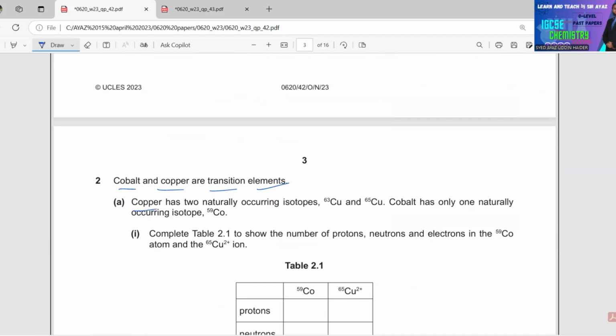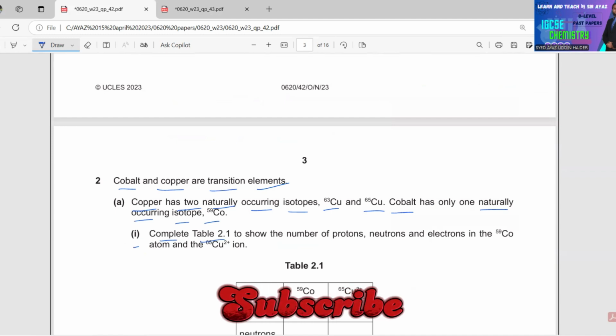A, copper has 2 naturally occurring isotopes, Cu-63 and Cu-65. Cobalt has only 1 naturally occurring isotope, Co-59. 1.